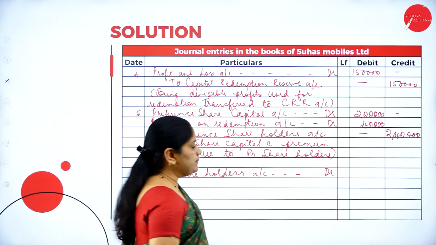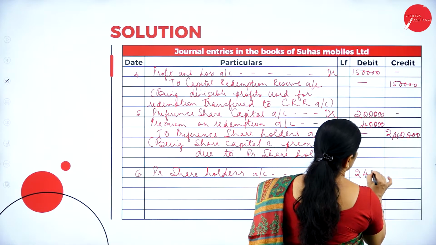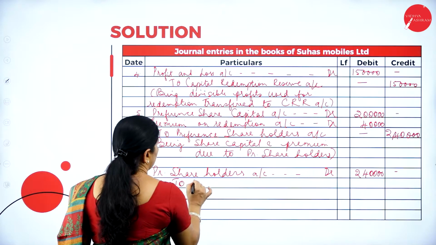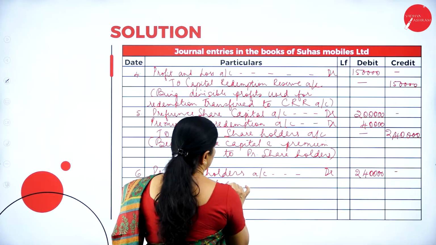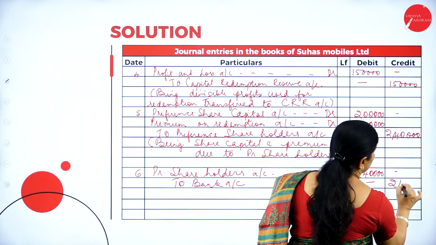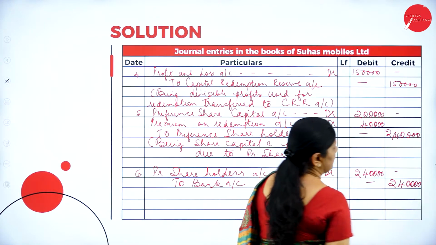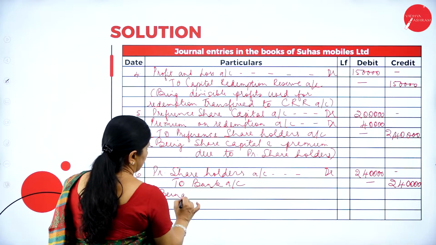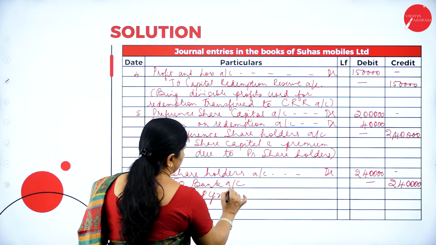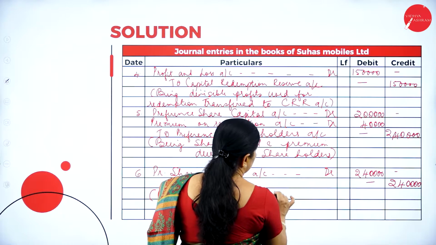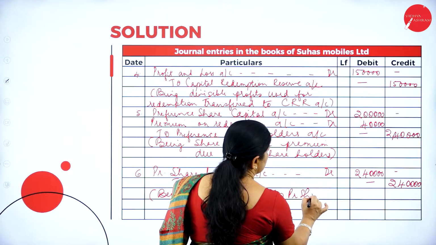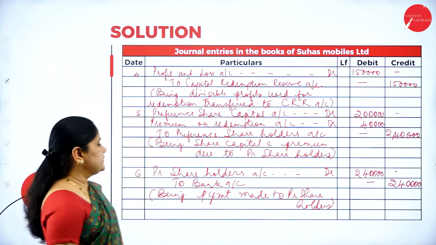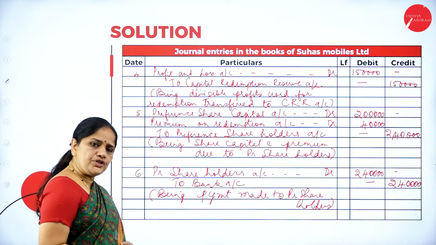So then we have to pay them 2,40,000 to bank account. 2,40,000 being payment made to preference share holders. So we have the 6 journal entries which we have to write.